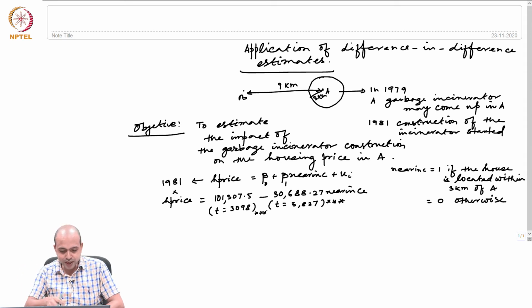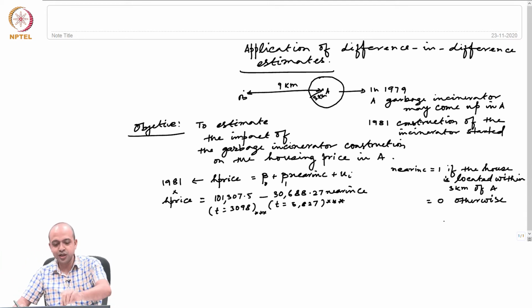If you take the expectation of H price given near INC equals 0, it becomes only beta 0, that means 101,300, and the intercept value indicates the housing price for the base category.